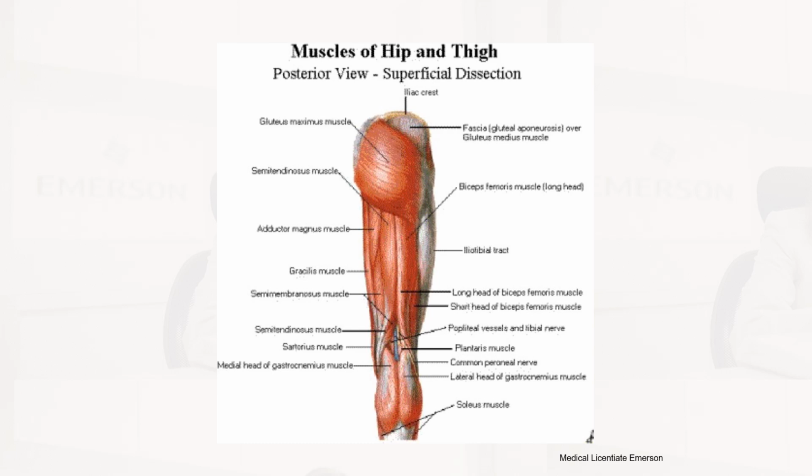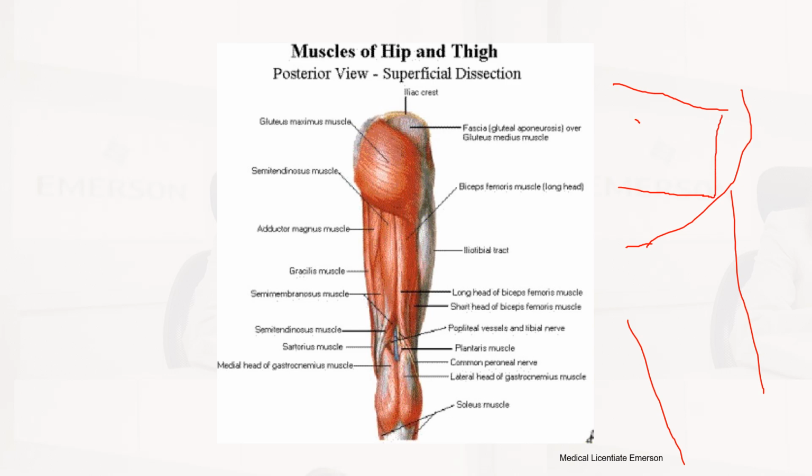Then in terms of clinical application, remember we said you have the sciatic nerve, which passes this side, where the buttock is. We have the gluteus maximus muscle passing this side.